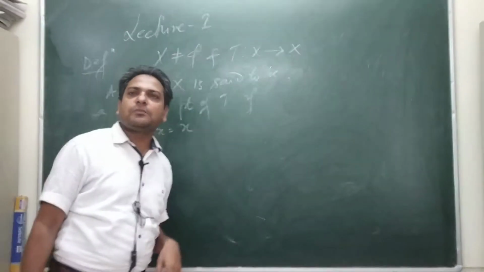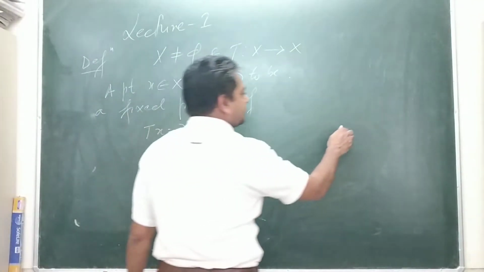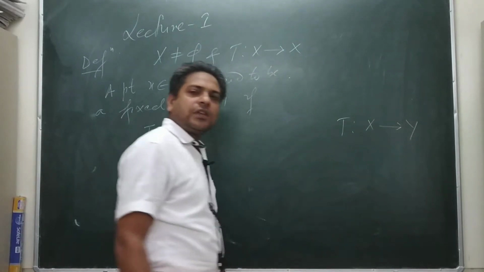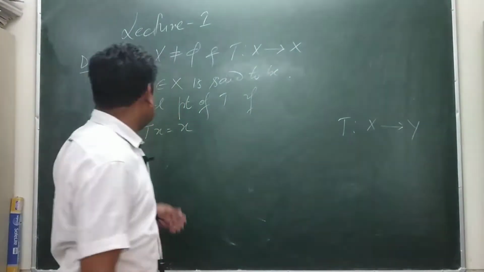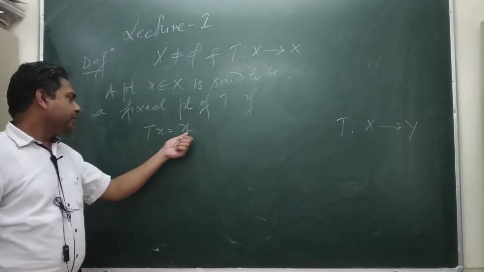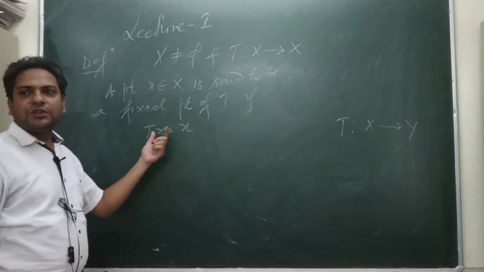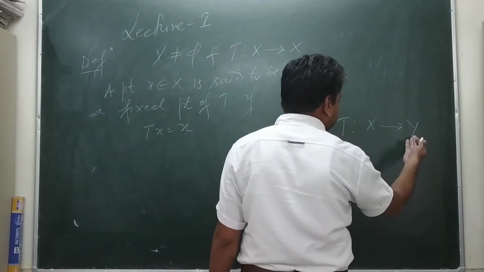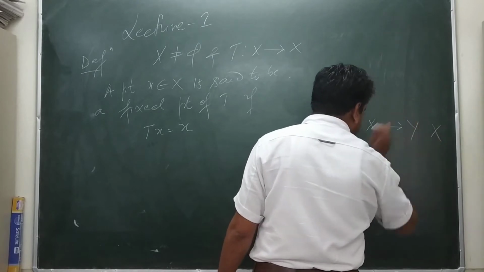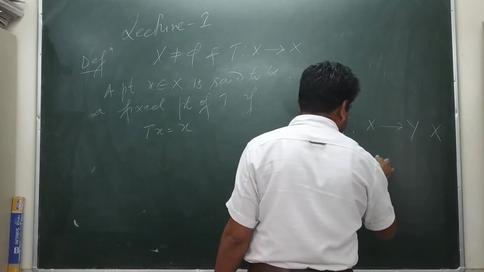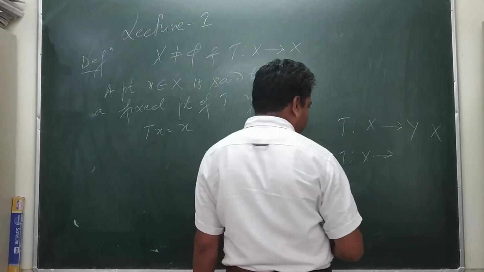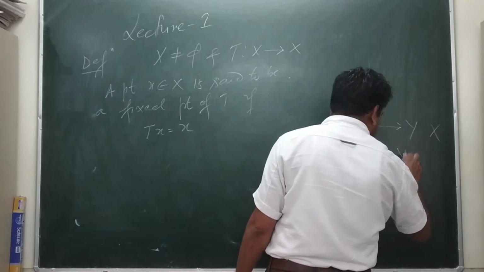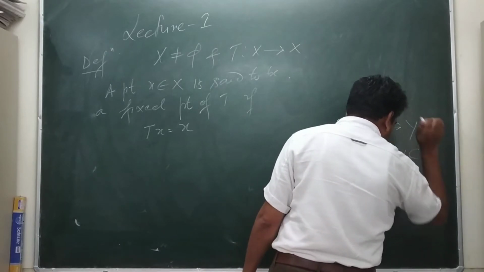We cannot consider a mapping where T is a map from X to Y. Of course, in this case we cannot talk about a fixed point, because the element from the domain and the element from the range should be the same. But we can talk about the existence of a fixed point if T is a map from X to Y, and Y is at least a subset of X.